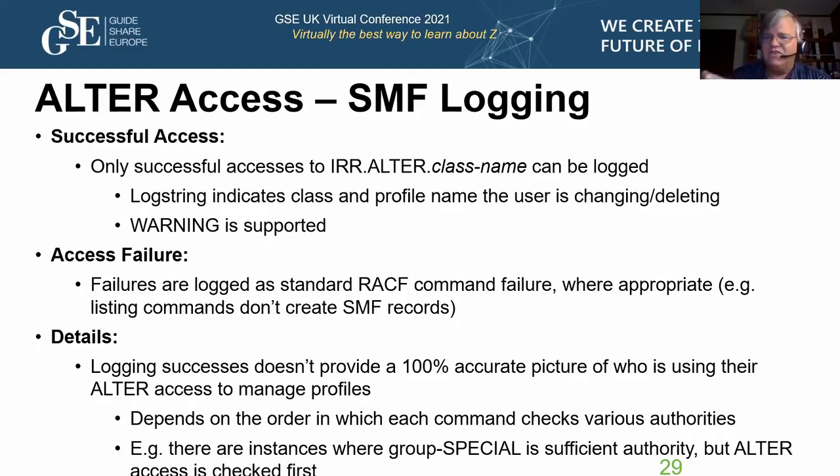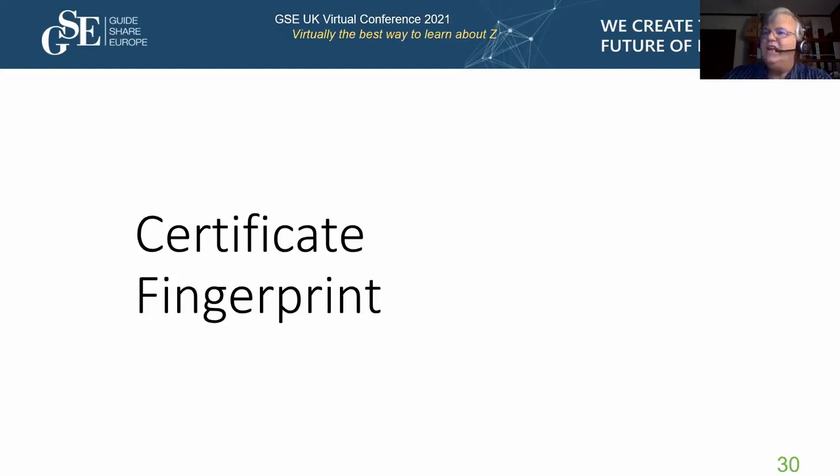But because of the nature of the code, the check that we do to see about the discrete profiles is done in a place where we didn't want to alter a lot of that structure. So the logging is still a good indication, but I can't say that it's 100% accurate to understand who is using alter authority now for the purpose of doing administrative things.